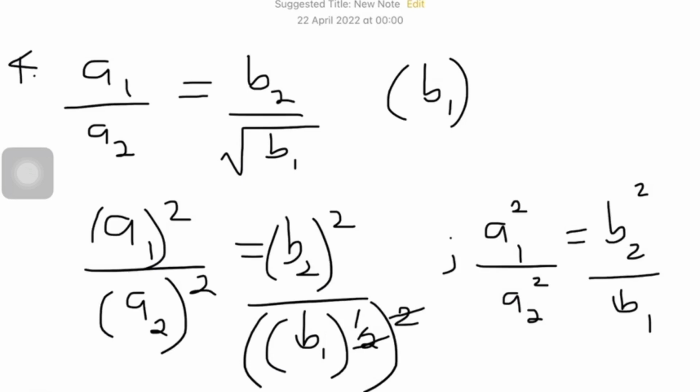So let's cross multiply, and after doing the cross multiplication, we are going to have A1 squared B1 is equal to A2 squared B2 squared. Okay, all right, and we want B1, so what we can do is just divide both sides by A1 squared.